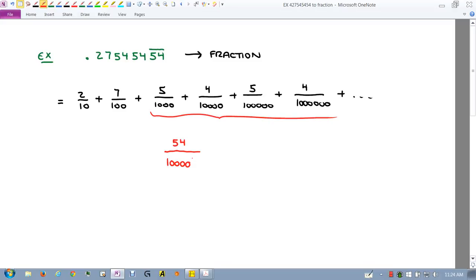Agreed? Now these two together, what would that be? 54 over a million. What would the next one be? 54 over 100 million?